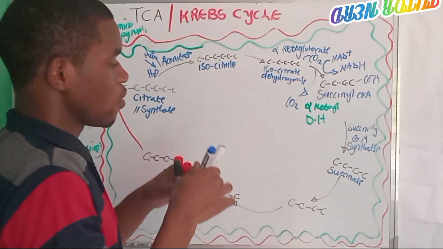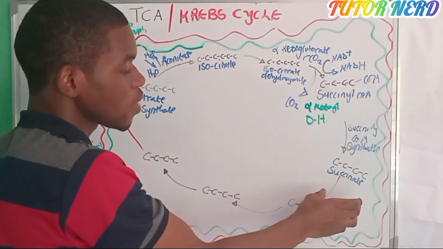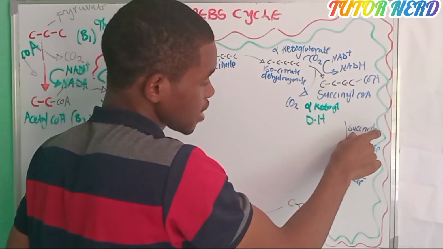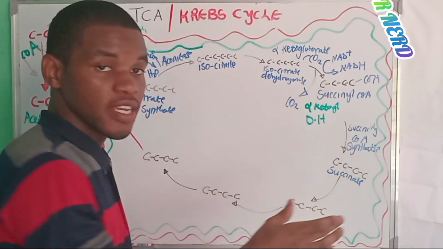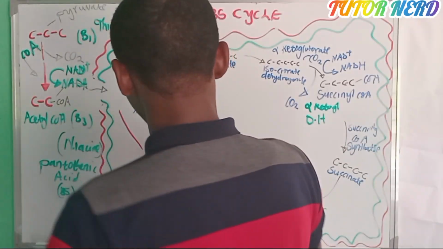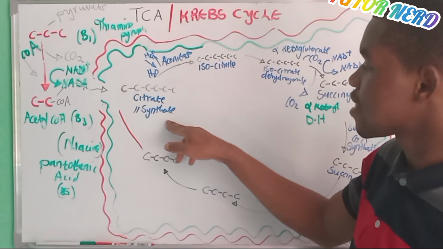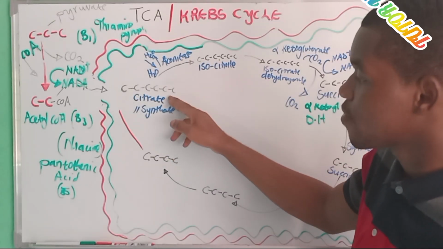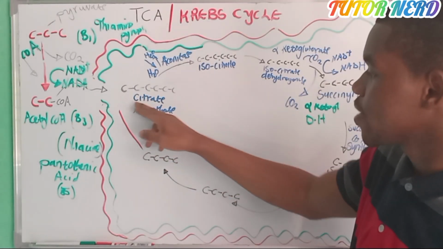Now, here we are having a synthetase, and this synthetase is producing the succinate. Now let us go back here. Here we had an enzyme that we were calling synthase, and synthase was producing the citrate from acetyl CoA. We had citrate synthase.